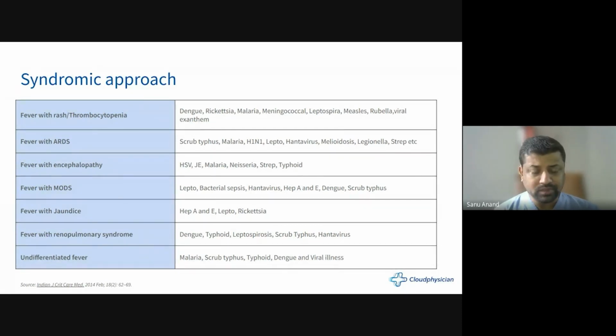So your usual panels don't really cover West Nile virus, but these days there are multiplex PCRs which do have kits for West Nile, and if you specifically request it, they will actually do it. When you do send the encephalitis panel, just remember West Nile is not completely unheard of in the Indian subcontinent.